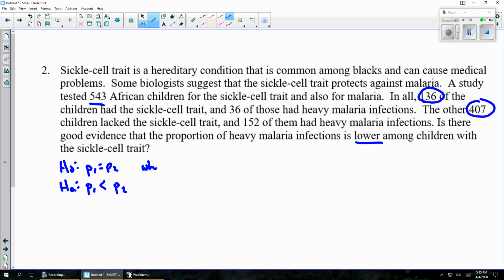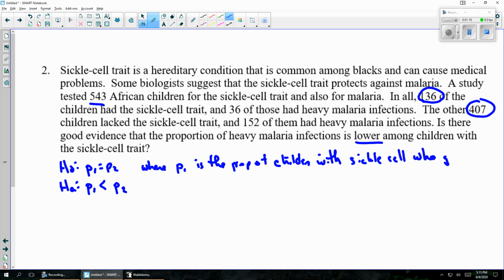So p1 is the proportion of children with sickle cell who get malaria, or who are found to have that malaria infection. And p2 is the proportion of children without sickle cell who get malaria.